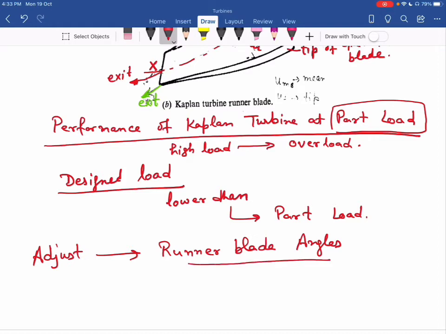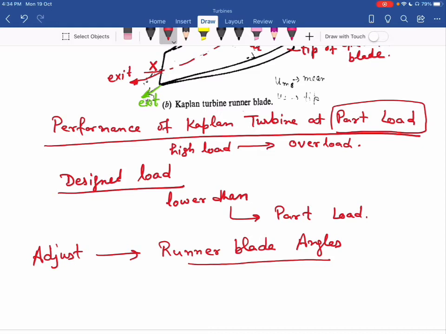I can do this by rotating my blade about its own axis. This is done automatically with the help of a governing mechanism that keeps the speed of the runner constant. So the adjustment of guide blades as well as the adjustment of these runner blades in case of Kaplan turbine is made according to the speed of the turbine. This is another special characteristic of Kaplan turbine.